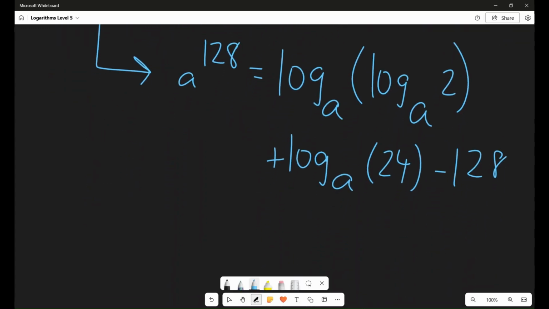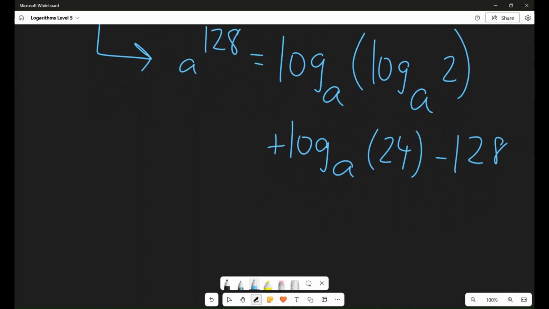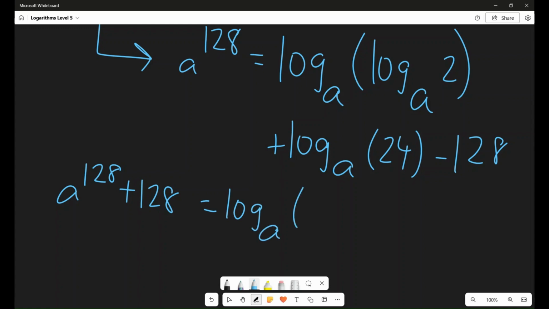Now, we'll just keep simplifying and keep converting into exponential form. So if we continue that, we get a to the power of 128 plus 128 equals log base a of log base a of 2 plus log base a of 24.